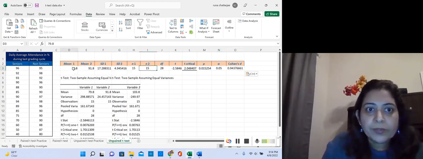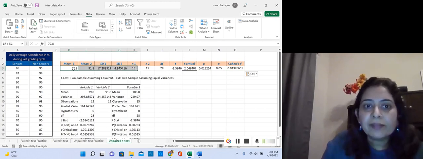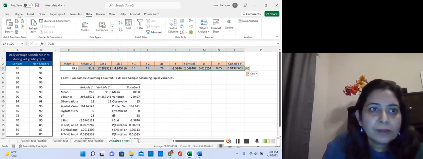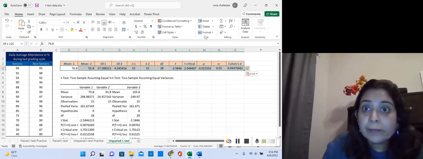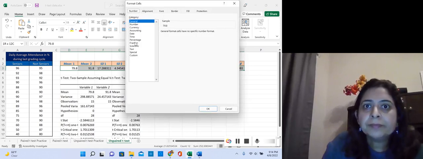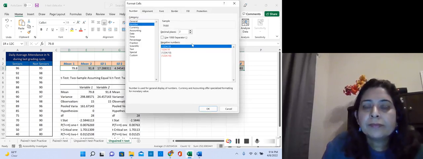And I'm going to clean up these values a little bit so they look uniform. We want 2 decimal places.